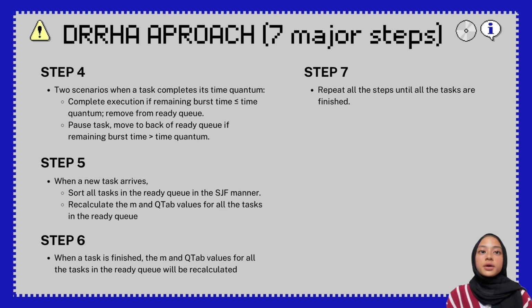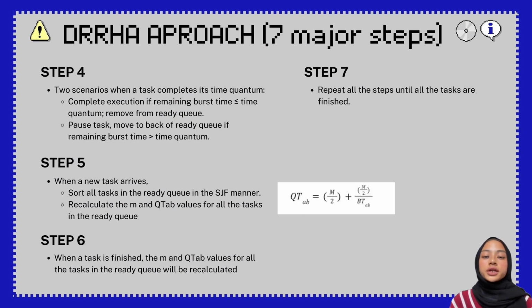In the fifth step, when a task shows up, we use the shortest job first method to organize the queue. Then we update the average mean and quantum time values for each task in the queue. Note that in equation 1, Qt is the quantum time of task A in round B, M is the average mean at the ready queue, while BT is the burst time or remaining burst time for task A in round B.